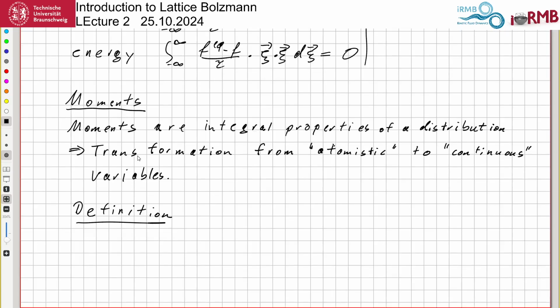Definition. Let's get into the stuff. Let F, now we use a capital F, and sorry for the nomenclature with these Greek symbols, capital F of capital Xi, vector capital Xi. We'll come to what this is.